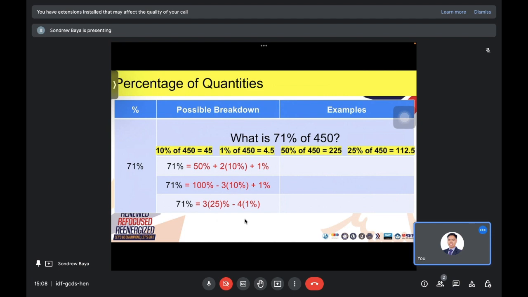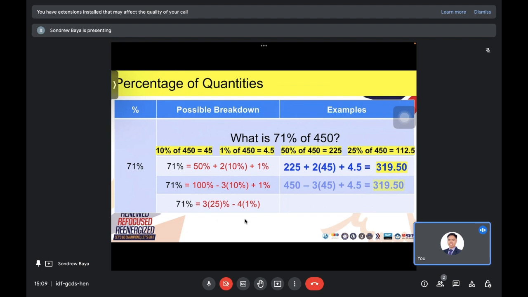All right. So let's try to use the first breakdown. Look for the values of 50, 10, and 1%. Substitute them, and you get 319.50. So 71% of 450 then is 319.50. Now, if we use the second breakdown, look for the values of 100, 10, and 1%. And once you have found them, substitute the values.